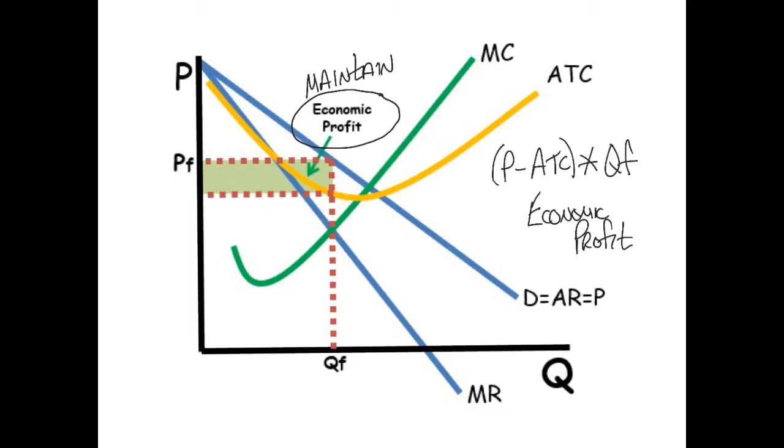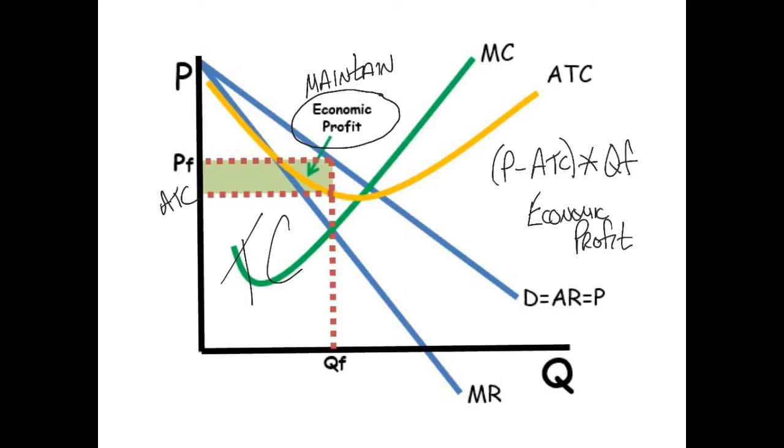Two areas that you may be asked to distinguish on this graph: one, what is the area on the graph that would represent total cost? Total cost would be the area where average total cost multiplied by QF would represent total cost for the firm.